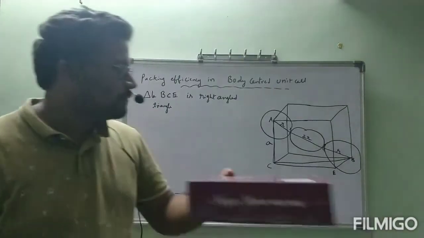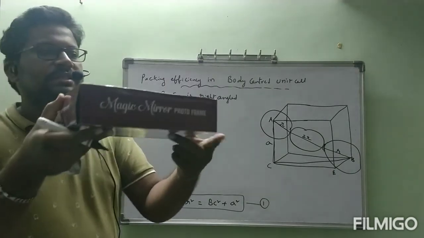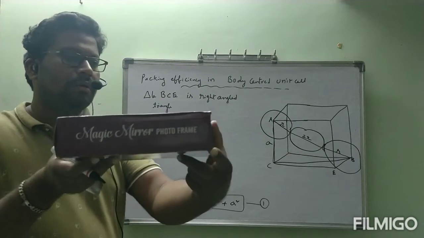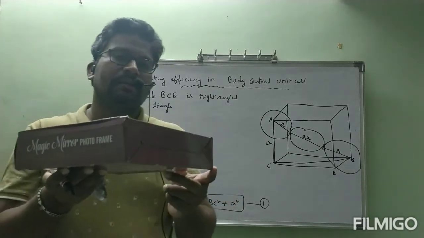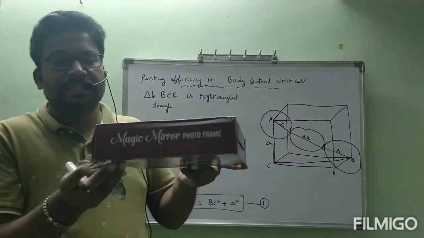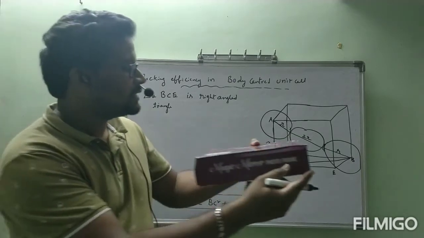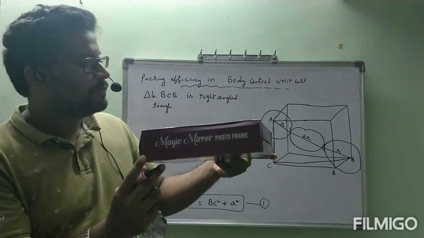I am going to show that one. What are the BCE points? Let us consider this is B. Next, this is C. I took this one as E. See here, this is E, this is C, this is B.